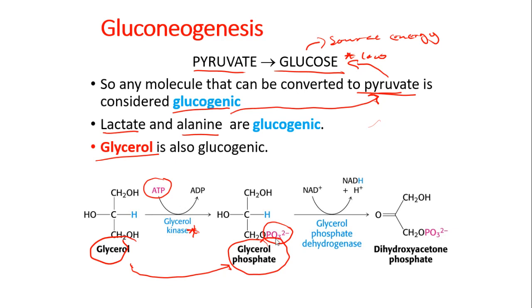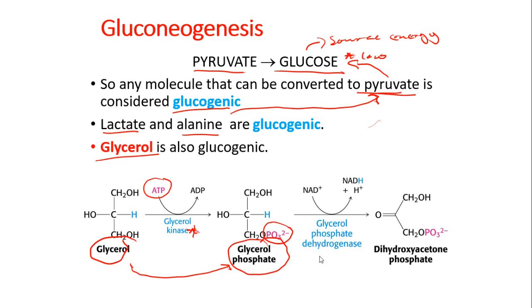The other thing that we have to consider is the formation of dihydroxyacetone phosphate. This is the process which is helped by an enzyme called glycerol phosphate dehydrogenase.